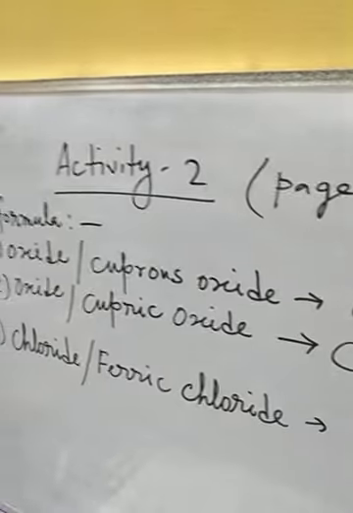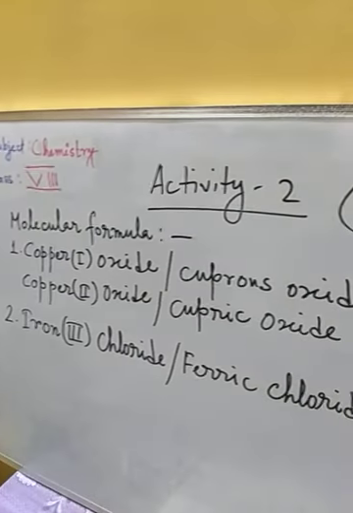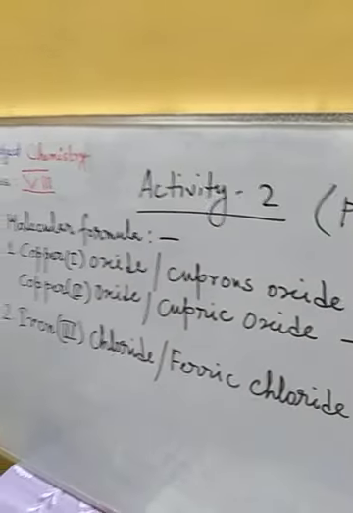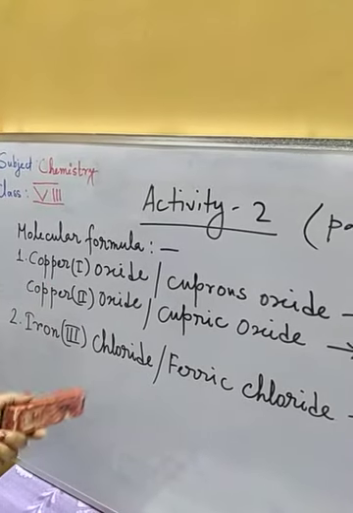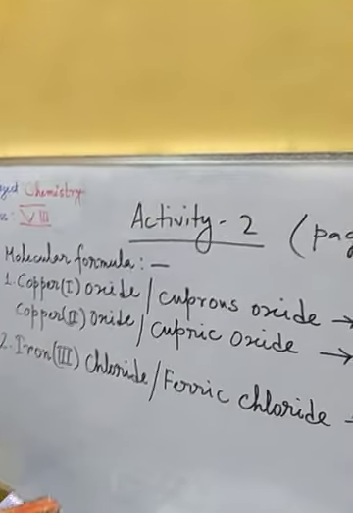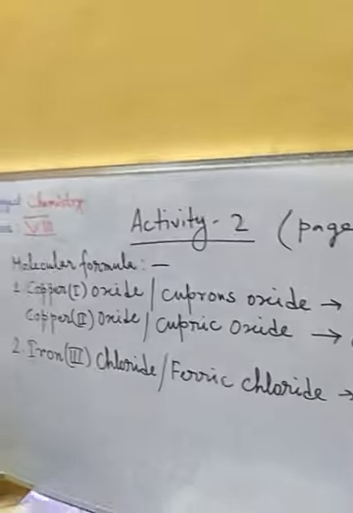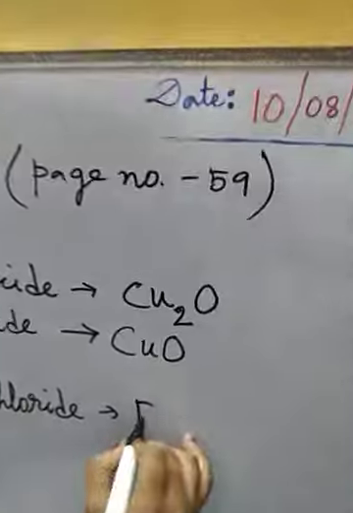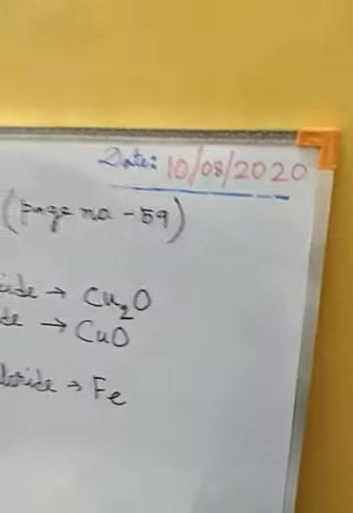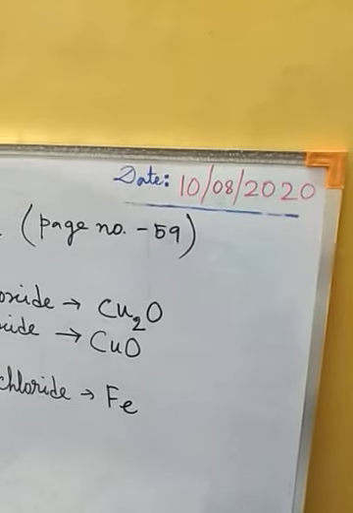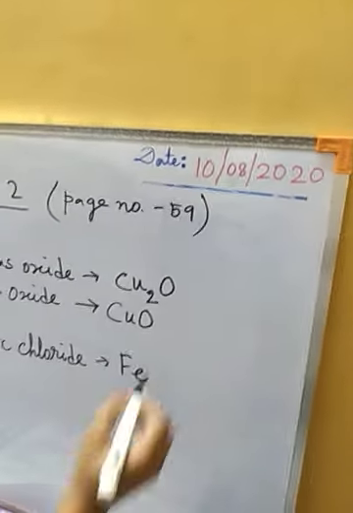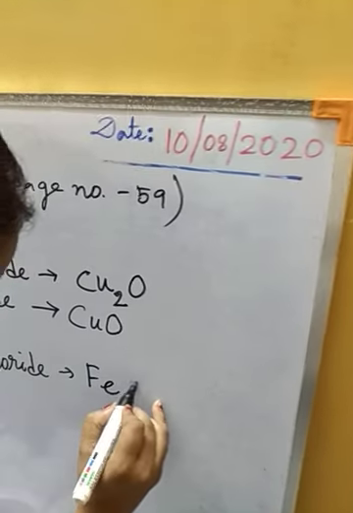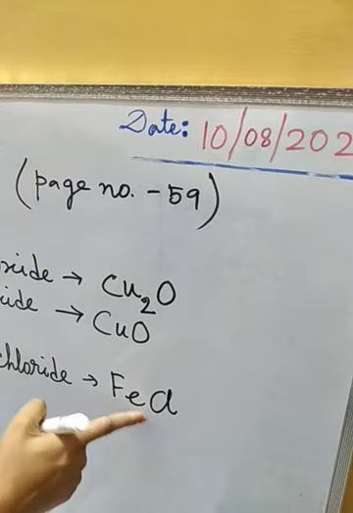As we know, iron can show both +2 valency and +3 valency, and here in this compound, iron 3 chloride or ferric chloride, iron is using its +3 valency. Okay, so we know the valency of chloride ion is 1, and the valency of iron here is 3. So chlorine's 1 will go to iron.